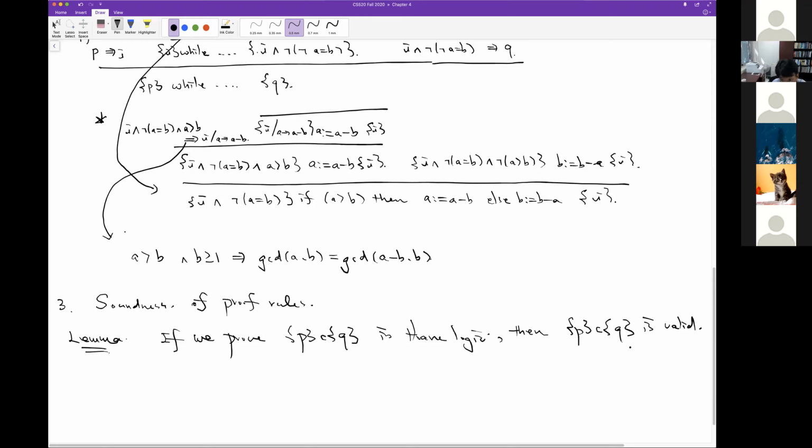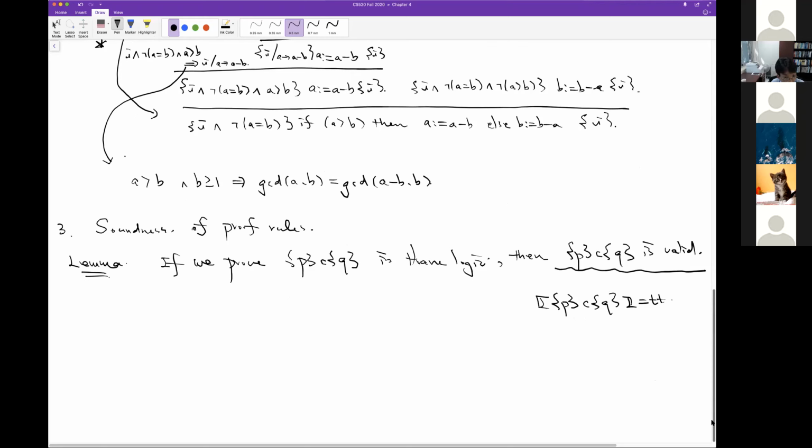What this tells us is that the proof rules are okay. If you use them, you will never prove something wrong. All the things that you prove are going to be true. This is the kind of assurance that we want. If an automated prover or program verifier based on while logic claims to prove some property, but it turns out what it claims is wrong, that's not what we want.